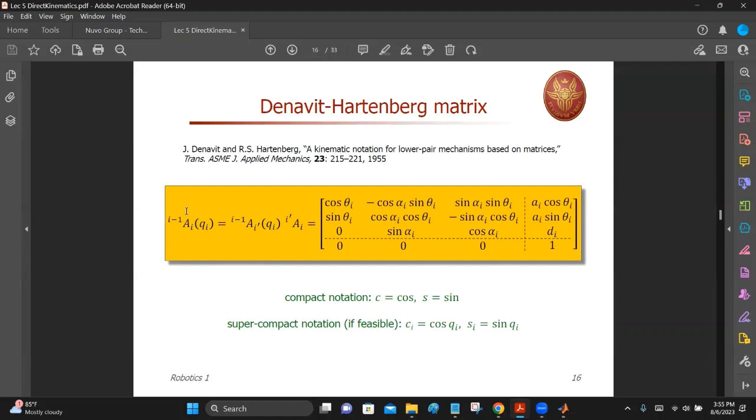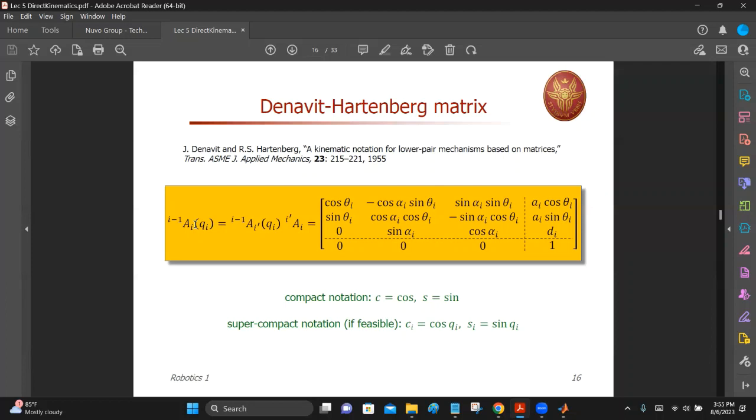Sixth one, 5A6. Like that, 6 of them. And when you multiply them in a series, you get 0A6. 0 means base, 6 means the last coordinate frame, at the end of the link. So this is exactly what you want to find out, right?